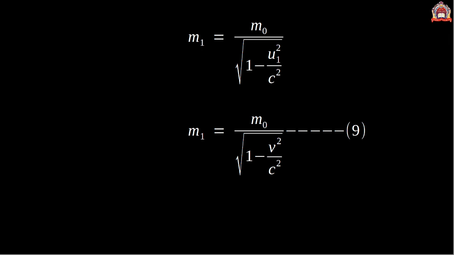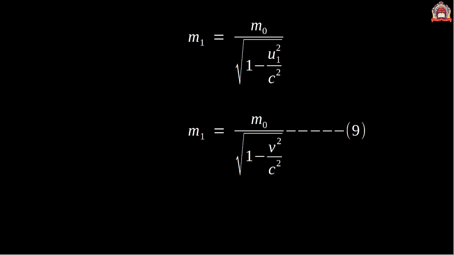So this equation 9 gives that the mass increases with increase in velocity. When v by c is far less than 1, the difference between m and m0 becomes insignificant. So this is the variation of mass with velocity.